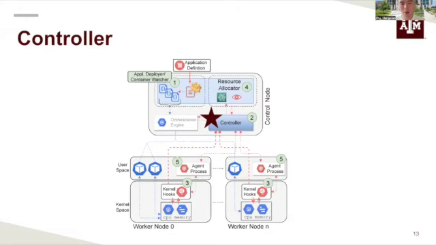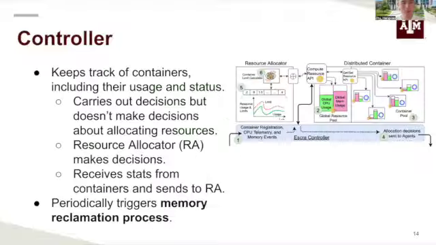The next part is the controller. In section 2 in this graph, here's a more detailed graph about the controller and the resource allocator. The blue part of this graph is the controller. The controller's main job is to keep track of the containers, including their usage and status.